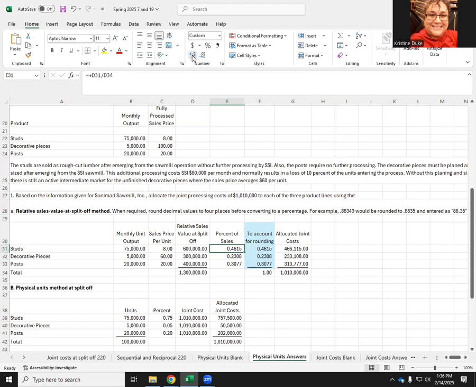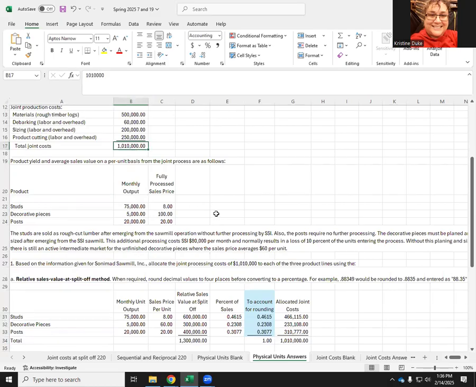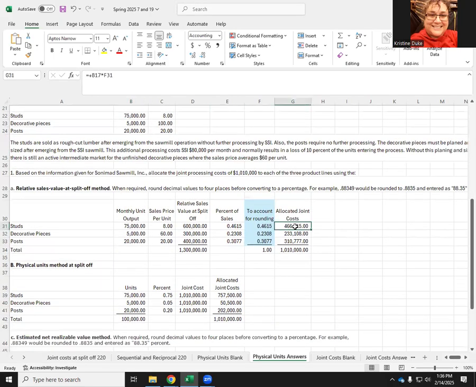I can go out here and we're going to see there's a bunch of decimal places beyond there. So I have another column where I just plug those in to get those specific decimal places. And then I take the joint cost, $1,110,000, multiplied by the 46.15%, so on and so forth, all the way over. And I've got that information there.